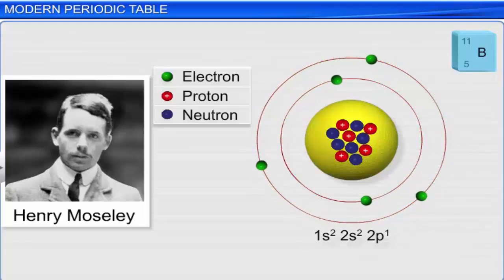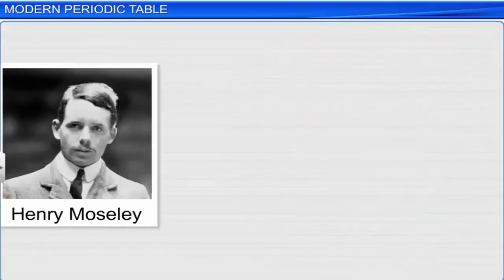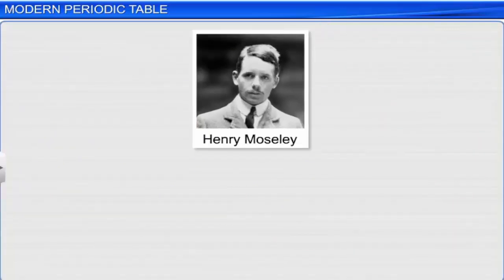Hence, Moseley suggested that atomic number and not the atomic mass should be the basis of classification of the elements. Using Moseley's revelation, Mendeleev's periodic law was modified to modern periodic law.